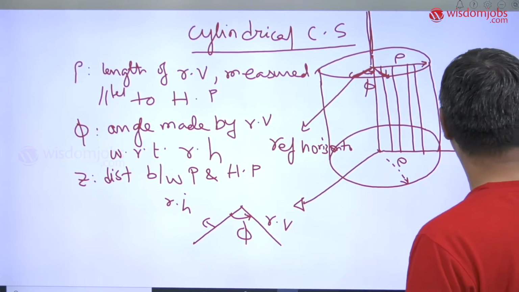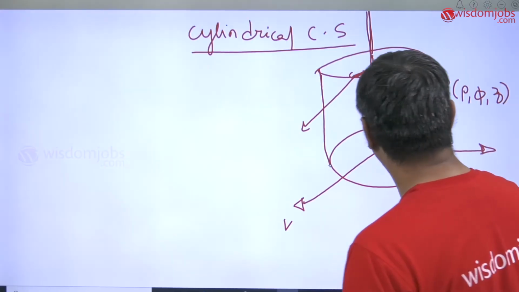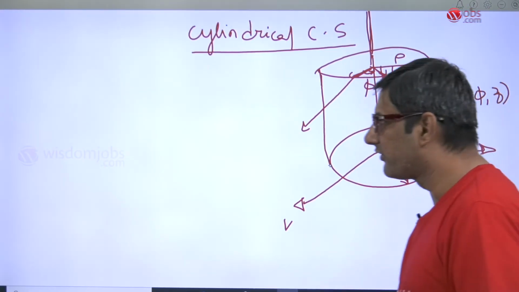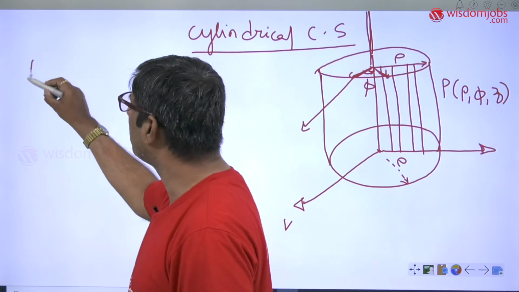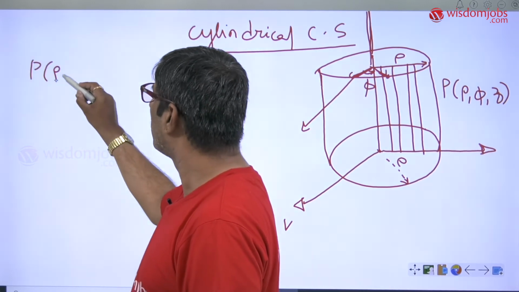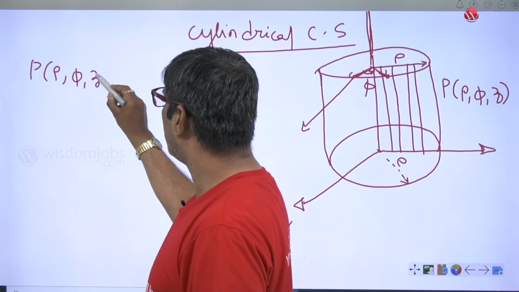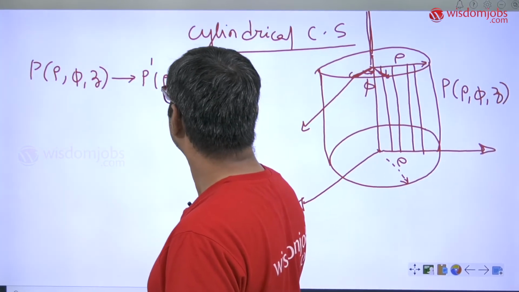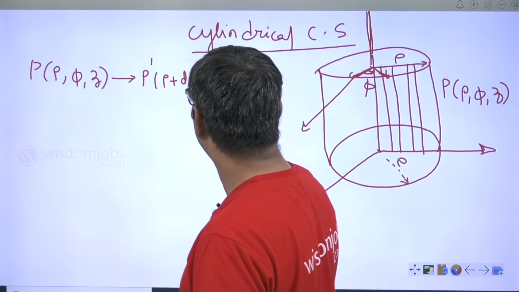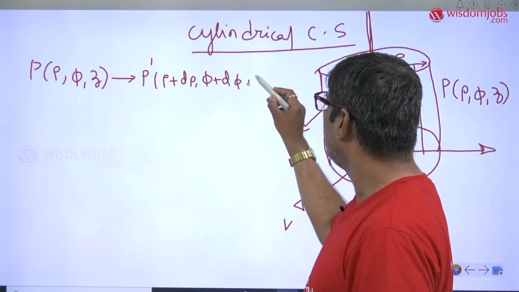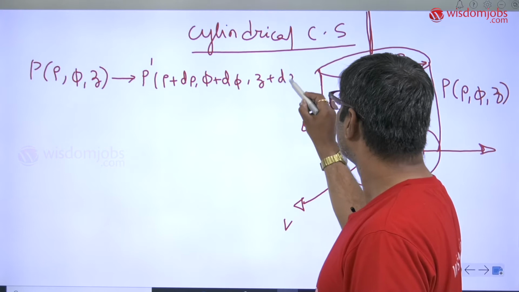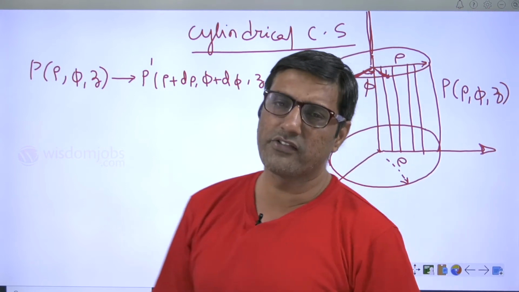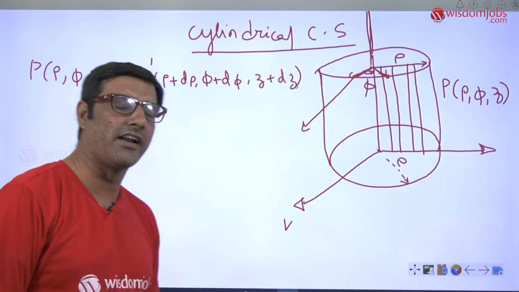Now, let me explain the increments in the cylindrical coordinate system. Let us say a point P(rho, phi, z) is moved to P dash (rho plus d rho, phi plus d phi, z plus dz). Now let us evaluate the increments in all three directions.